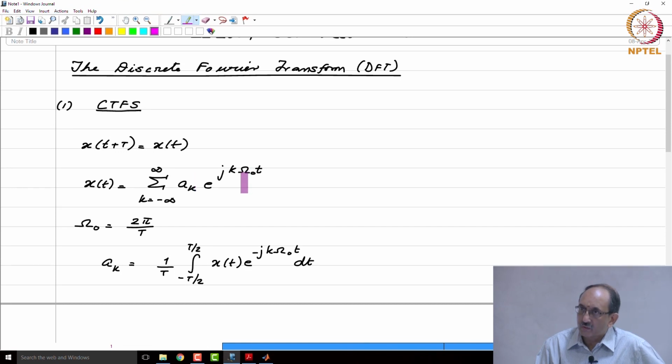So, in this case the number of basis vectors is countably infinite, and then you had this a_k. Each of these basis vectors is multiplied by these coefficients, and then your given signal x of t is expressed as the coefficient times the corresponding basis vector, summed up over all basis vectors. Okay.